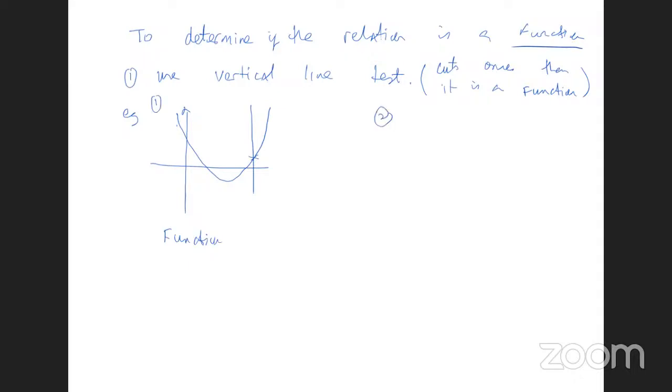And if I give you one that looks like this, and you do a vertical line test, this is not a function, because it has two y values, one here and one underneath.